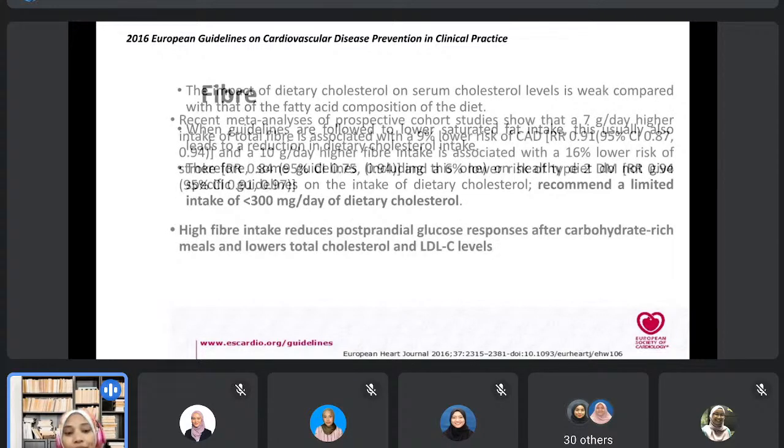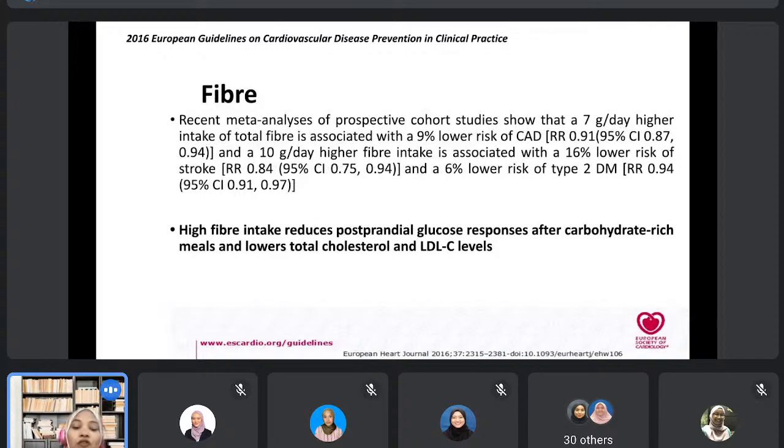And how about fiber? A recent meta-analysis of prospective study showed that 7 grams per day of higher intake of total fiber is associated with a 9% lower risk of cardiovascular disease risk, and a 10 grams higher fiber intake is associated with a 16% lower risk of stroke and a 6% lower risk of type 2 diabetes.